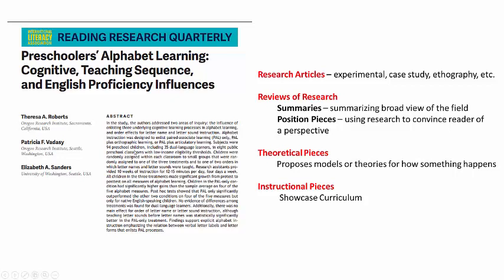So they go in and talk about the study that they're doing. They had research assistants who were providing instruction for 10 weeks, for 12 to 15 minutes, in these preschools. And at the end, they were measuring to see how much kids learned about the alphabet based on the instructional techniques that were provided. So in the very beginning of this abstract, they say, in this study.